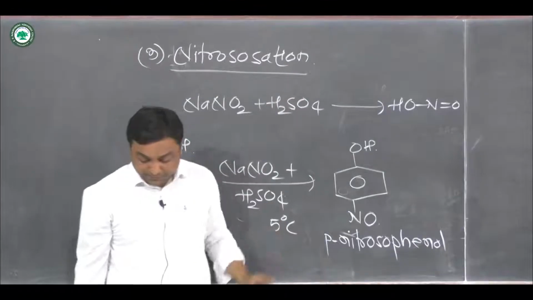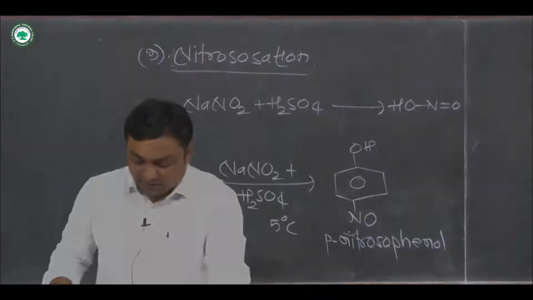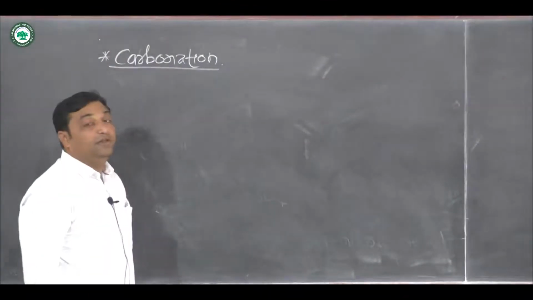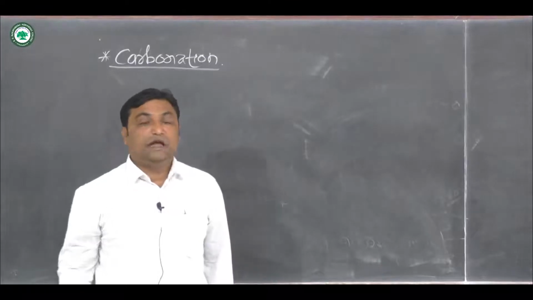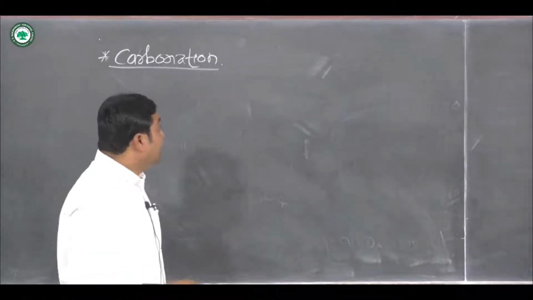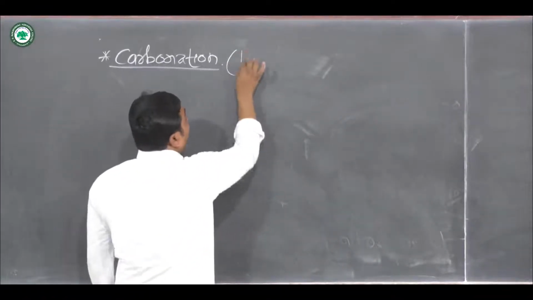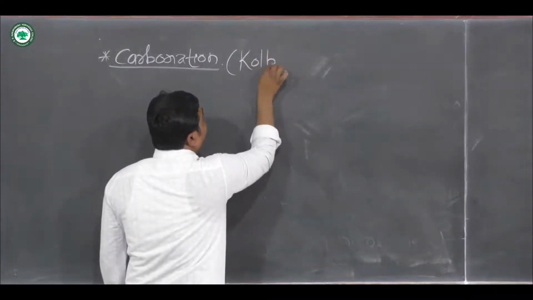Okay. Now the next reaction, carboxylation, means addition of carboxyl group, addition of CO2 group. Now it is also called Kolbe's synthesis.